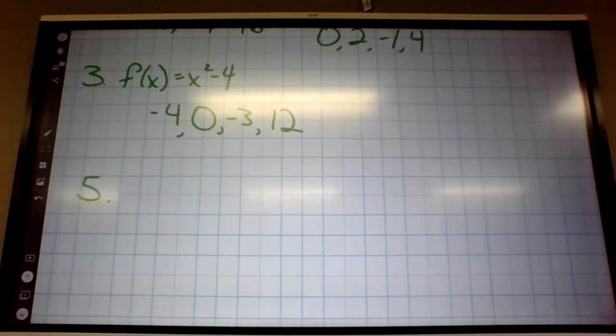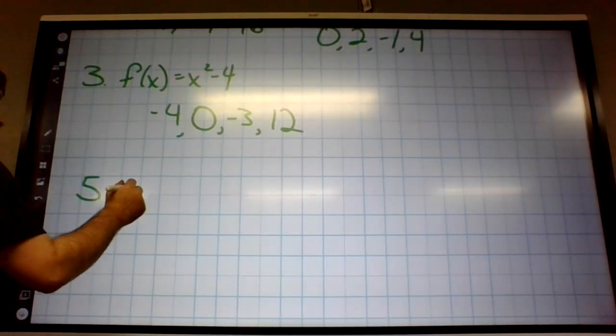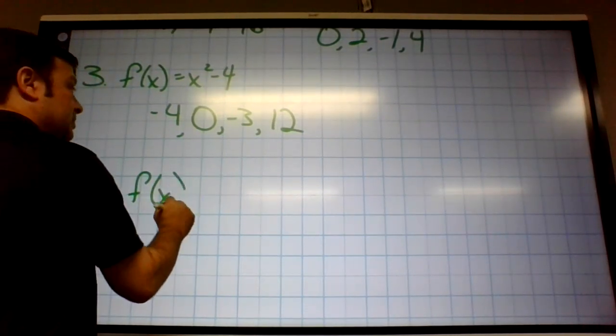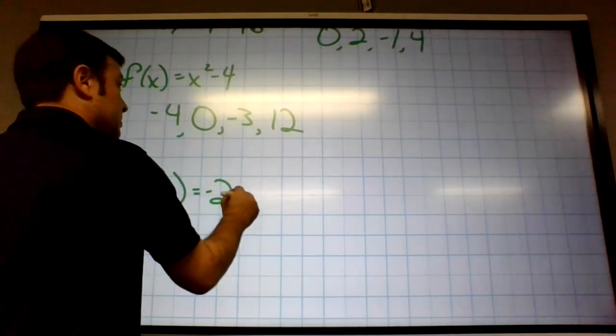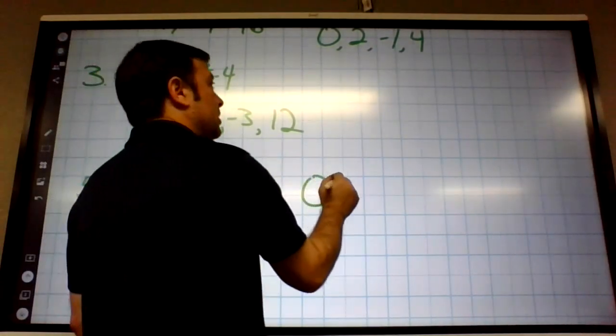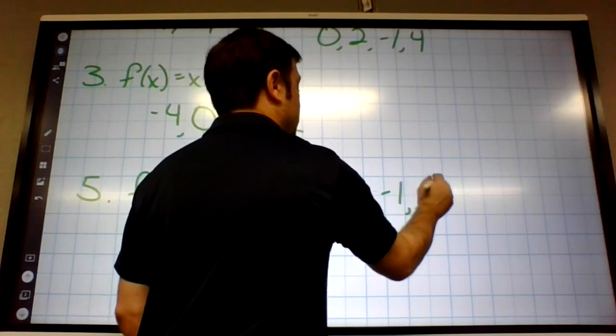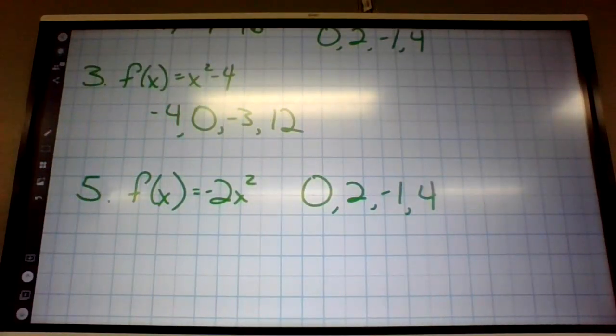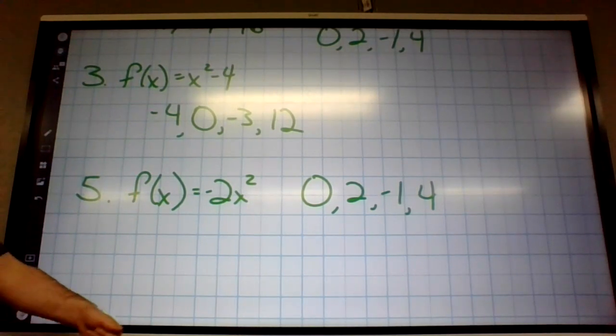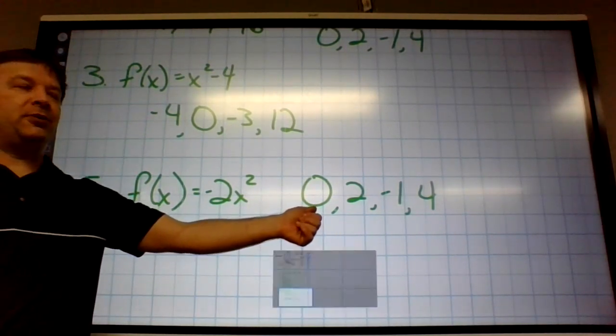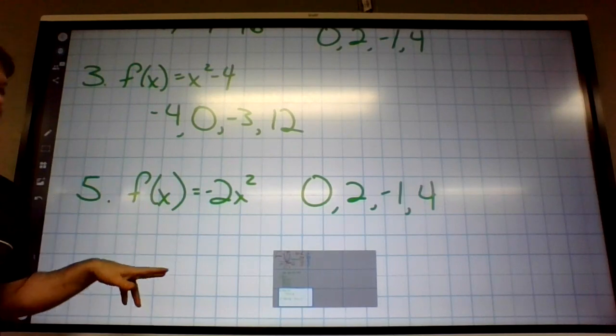Okay, number 5, -2x squared. All right, how am I gonna do this? Josiah, if I plug in 0 here, what will I get?